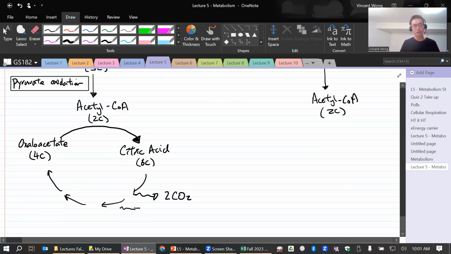You will release high energy electrons. So that's going to create 3 NADH. It's going to create 1 FADH2. And you have to memorize some of these numbers, okay, to do some questions. And then 1 ATP.